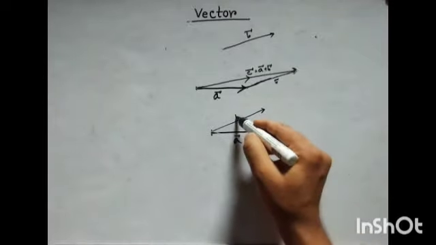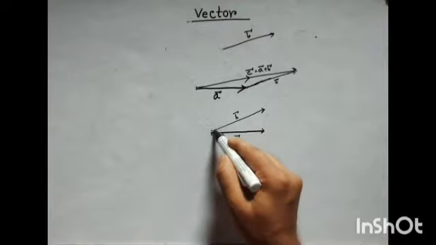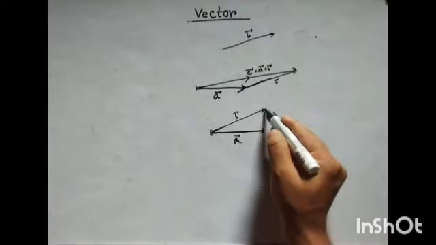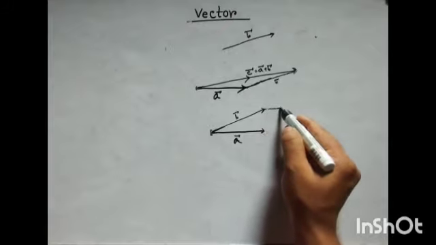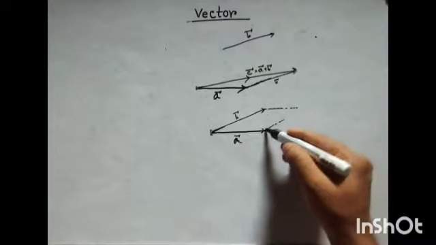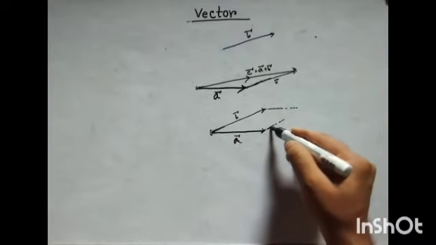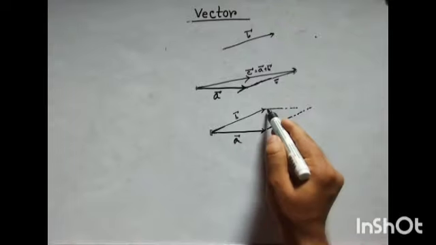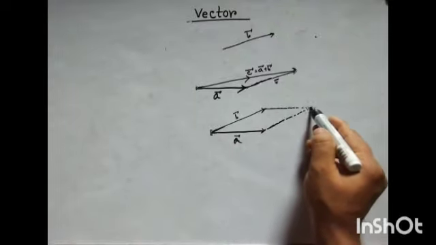So say this is your b vector, and now you have to draw a parallelogram using these two vectors. So you have to draw a parallel of b vector from this point, and a parallel of a vector from this point.